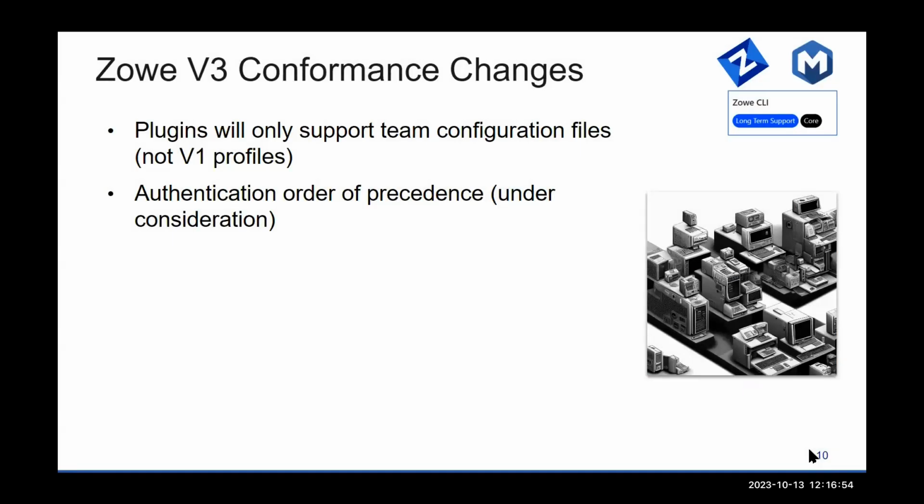So as far as V3 conformance changes, number one, with the removal of support for V1 profiles, plugins will only be able to support team configuration files. And the next one, if we choose to do something with the order of precedence for authentication, we'll probably be adding a conformance item for plugins that take more control over that process.